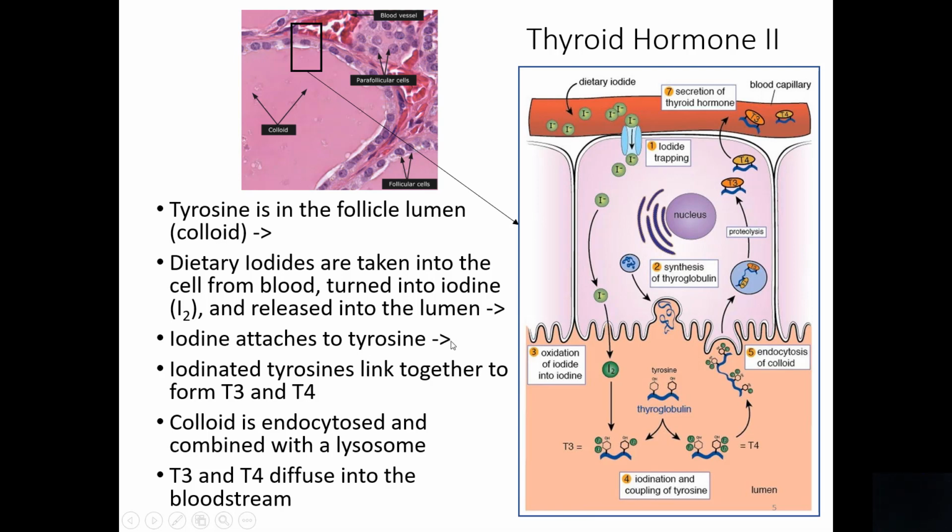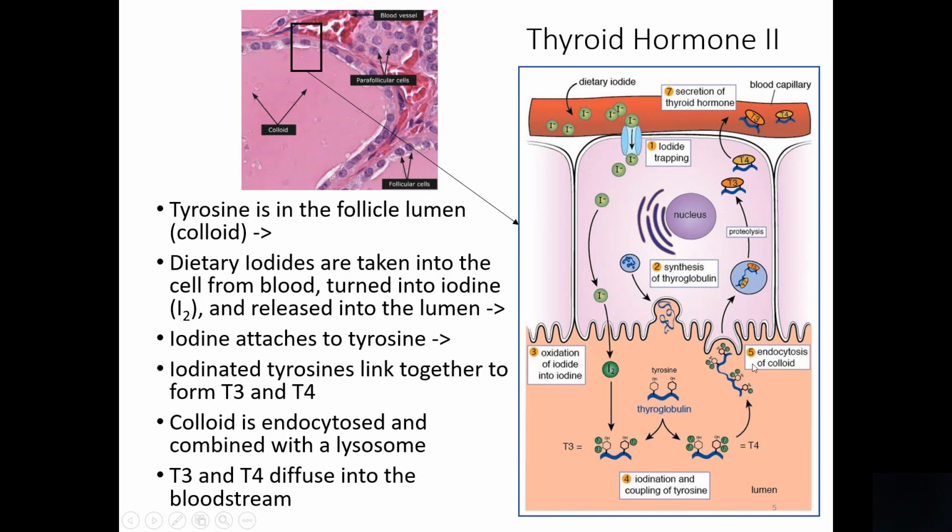Iodine attaches to tyrosine. If 3 molecules are attached, it will be T3. If 4 of them are attached to 2 tyrosines, that will be T4. So both T4 and T3 thyroid hormones are produced right here in the colloid.